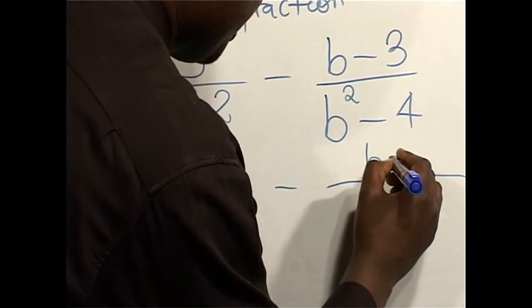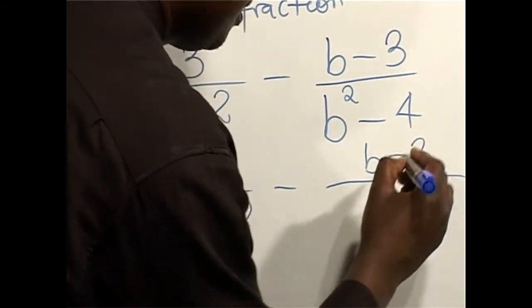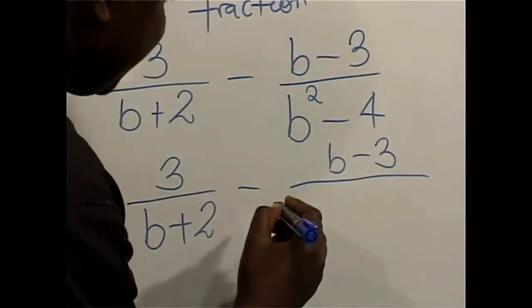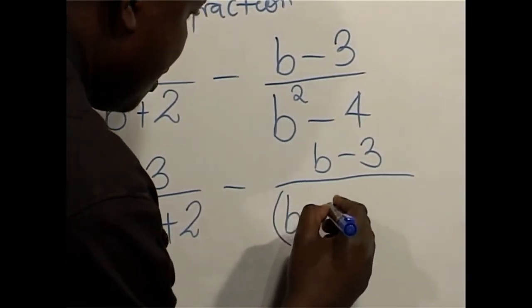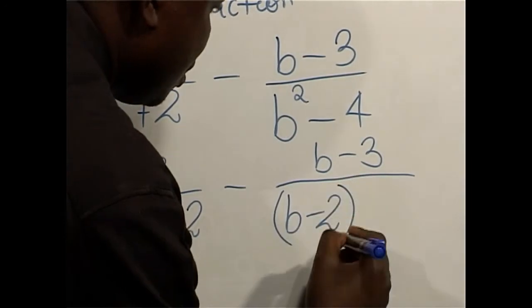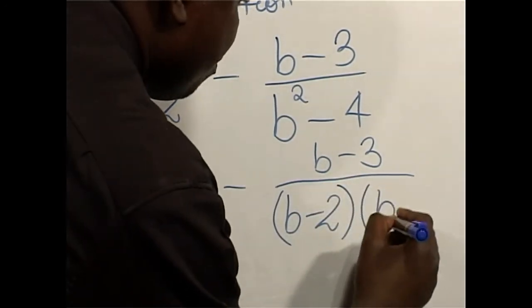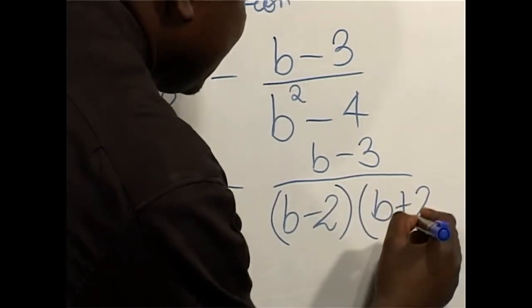We have the numerator b minus 3, but the denominator is the one which we have factorized as b minus 2 multiplied by b plus 2.